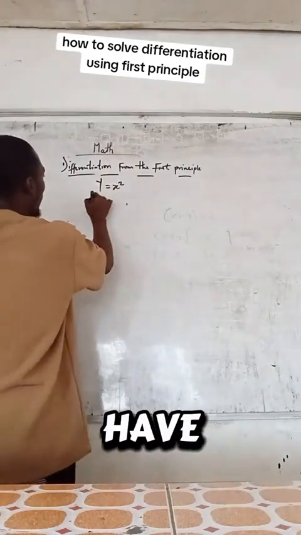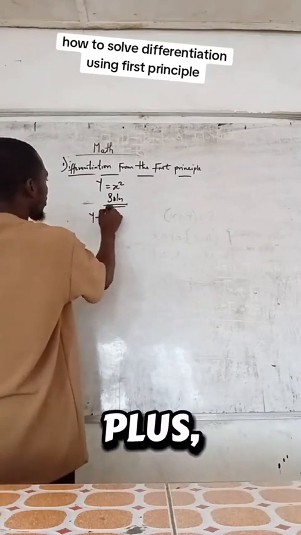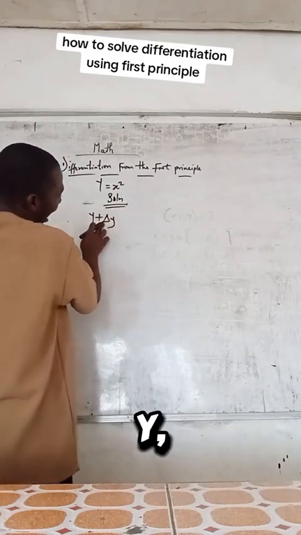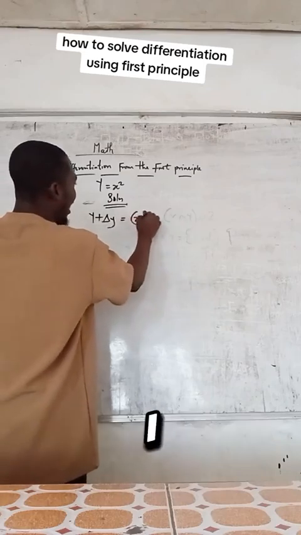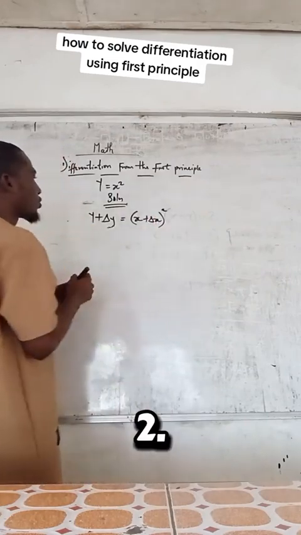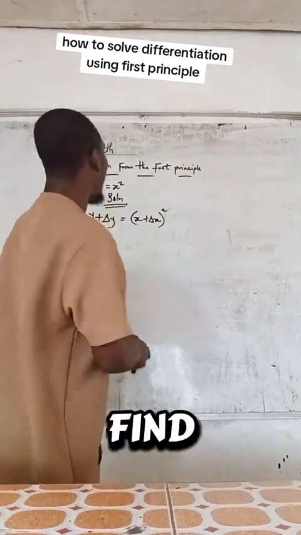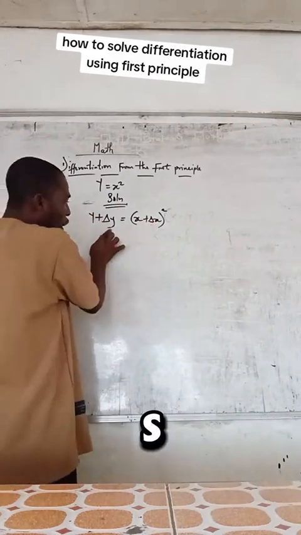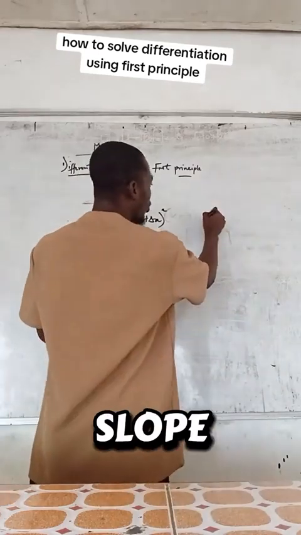I'm going to have y plus dy, the difference in y, and x plus dx, the difference in x, raised to the power of 2.